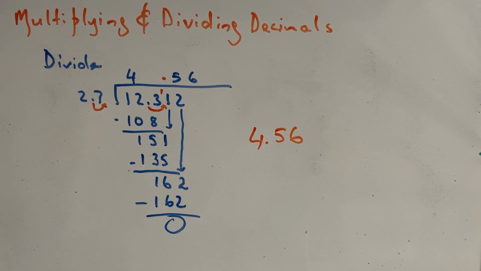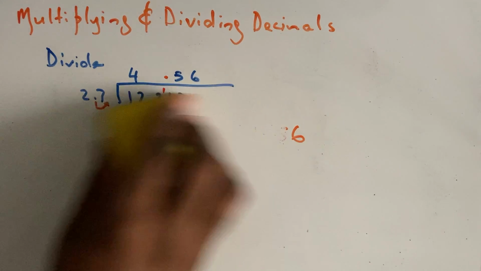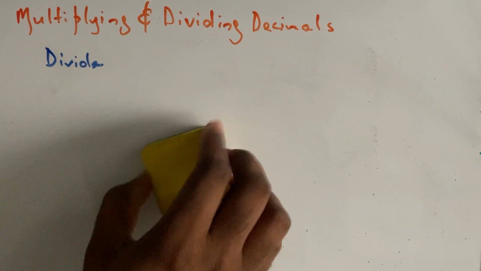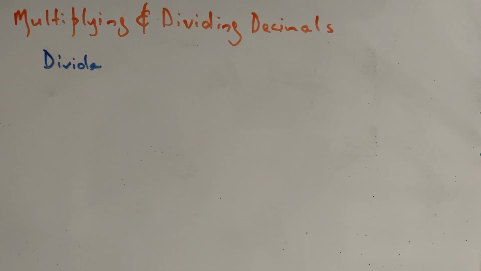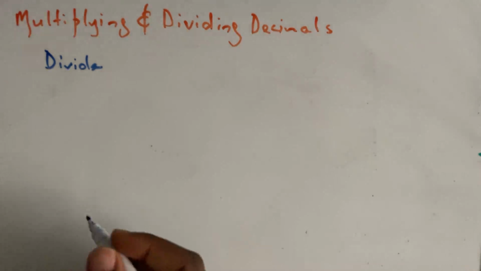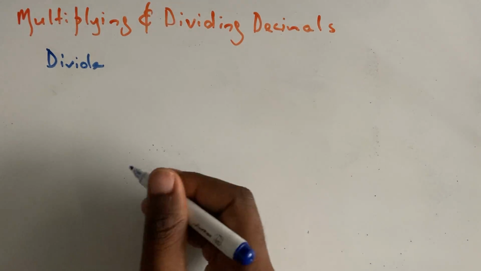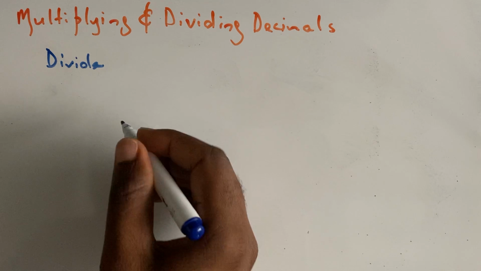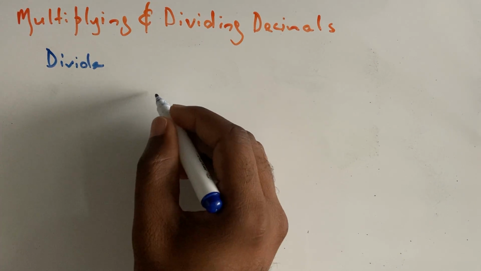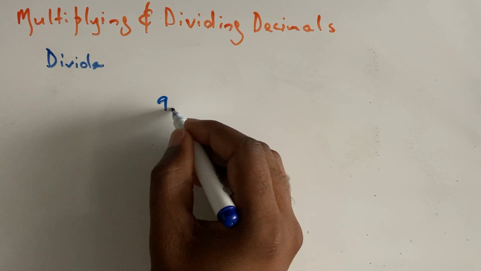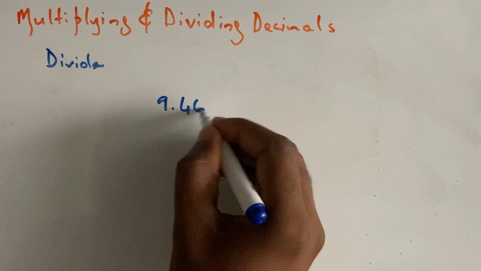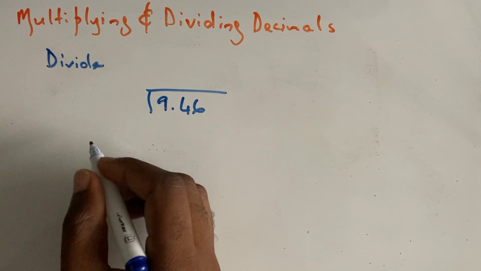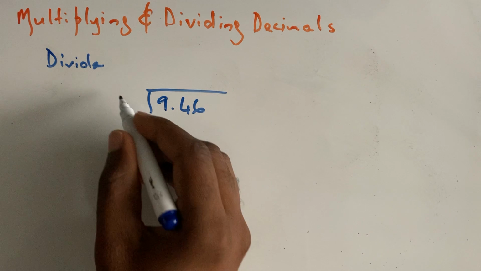Let me do another one so you can remember what we're doing here. To divide, I'm going to repeat what I said previously. Let's say you have 9.46, and you're going to divide this by 0.04.